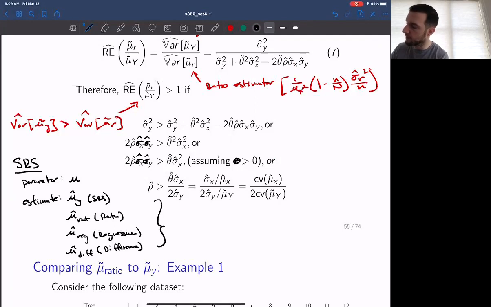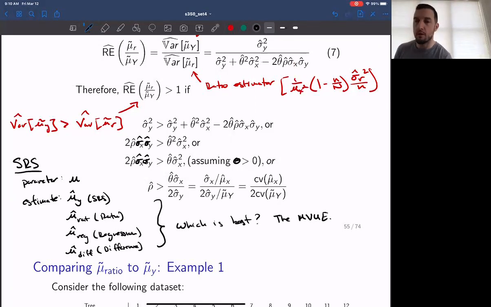Okay, so the question is, which is best? If all of the estimators are unbiased, the best estimator would be defined as the one with the smallest variance. So the typical answer to this question would be the minimum variance unbiased estimator.